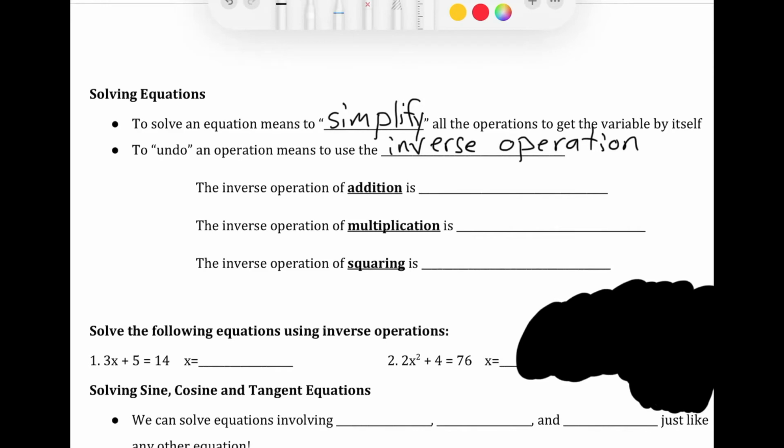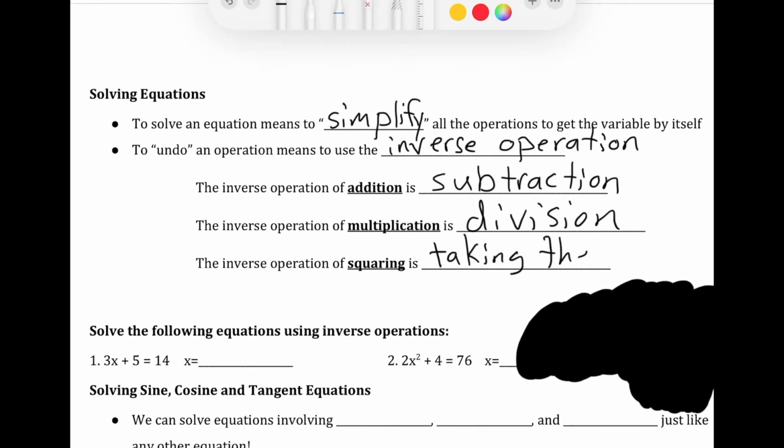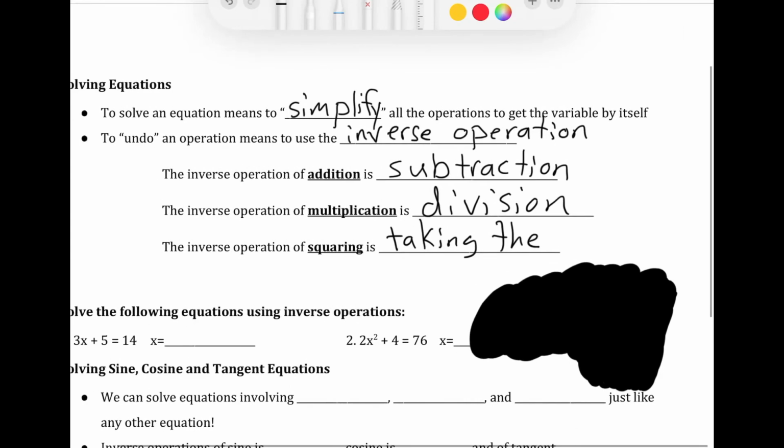The inverse operation of addition, hopefully you know, is subtraction. The inverse operation of multiplication, again, hopefully you know these, is division. And the inverse operation of squaring is taking the square root.